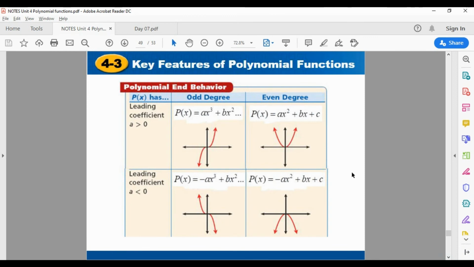If it's an odd degree polynomial, so if your largest exponent is odd, whether it's 1, 3, 5, or anything higher, it's going to have some kind of curvature that allows it to either start off towards negative infinity and finish towards positive infinity, or vice versa.